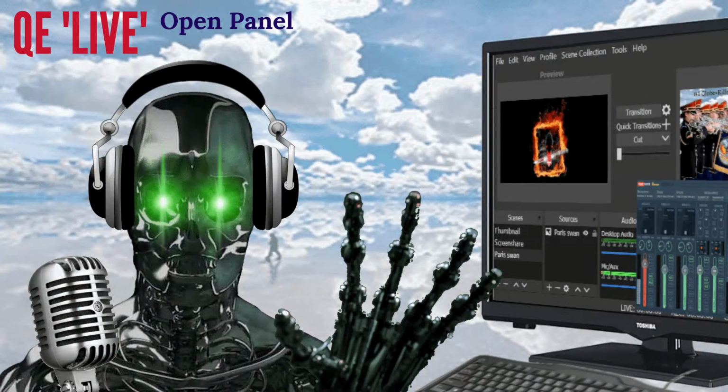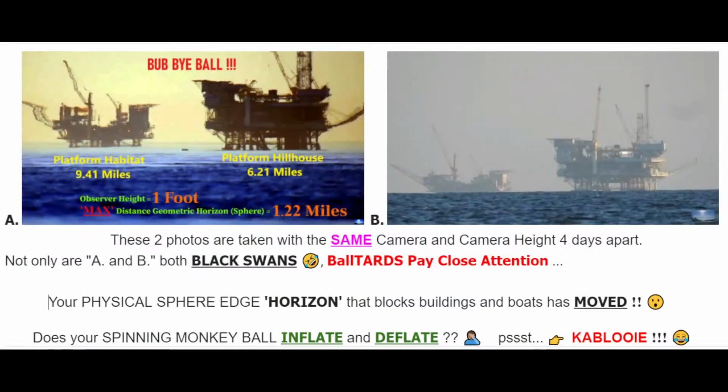Yikes, wrong one. In the second picture, the first platform now sits on top of the hill that used to be in front of it. It should be 5 miles in front of it, the hill. Correct. But now, because of refraction, it sits on top of the hill. What? Yeah, well, you see, there's another problem. If we want to go down refraction road, and by the way, I'm deeply sorry for your losses, this is just an ancillary point.